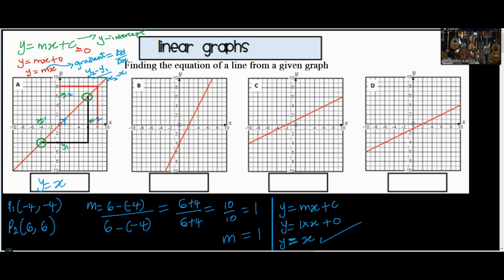Then if I pick 4, will it also give me 4? Yes. Is that clear? Yeah. So whatever value y is, that is what x will be, or whatever value x is, that is what y will be. That's the meaning of this equation, y equal to x, okay?